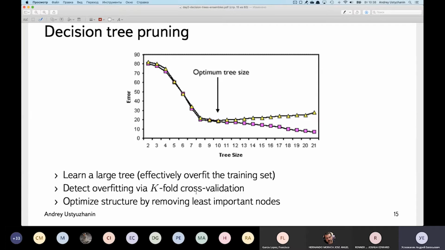It is about removing unnecessary nodes, unnecessary splits in our tree, and by this we can refrain from overfitting our tree. So it is a kind of structure optimization of removing the least important nodes.